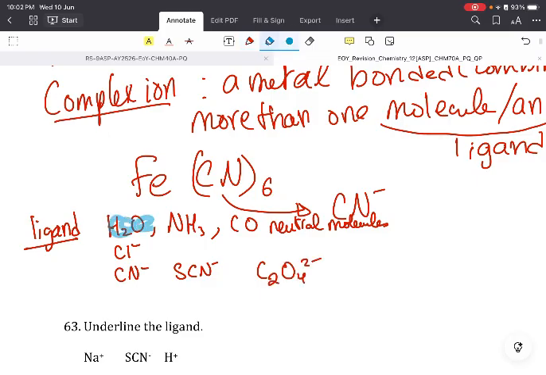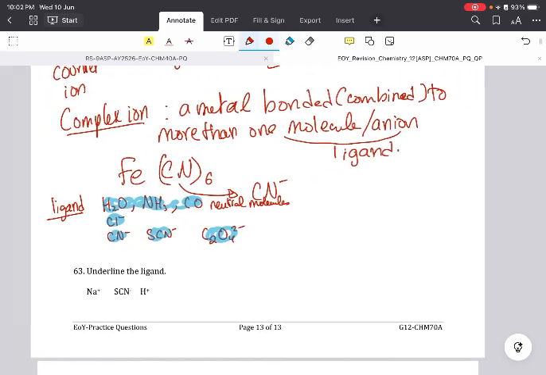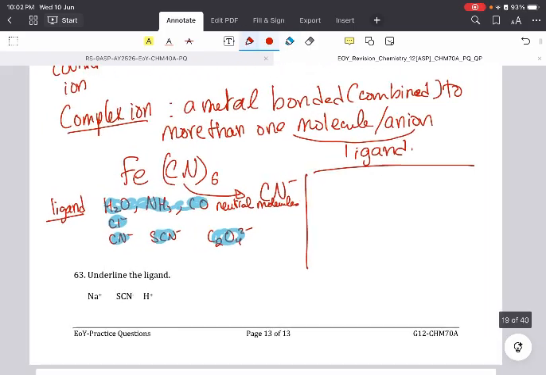So again, these are ligands that are neutral molecules. This is a ligand that is a monoatomic anion, and these are other types of ligands that are polyatomic anions.